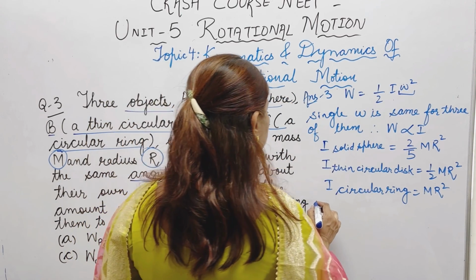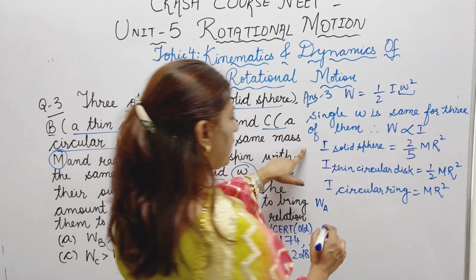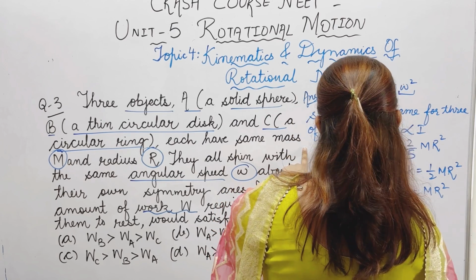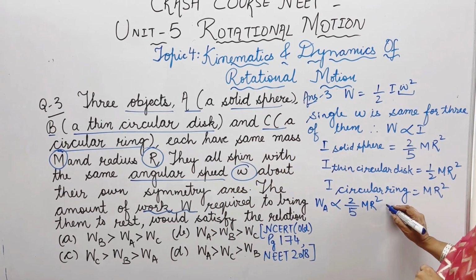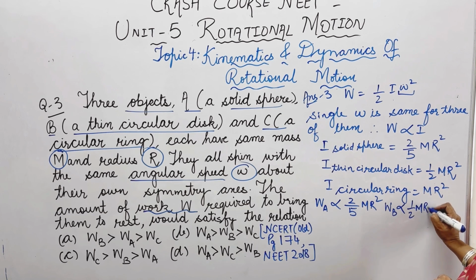So WA, that is for the solid sphere, is proportional to 2 by 5 of mr square. WB is proportional to half mr square, and WC is proportional to mr square.